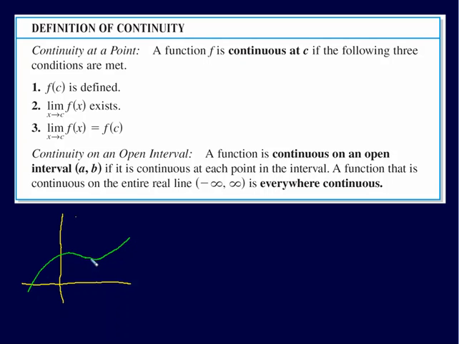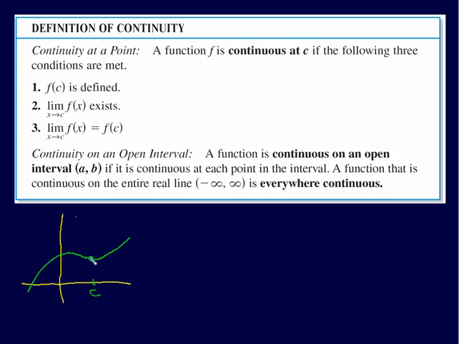But let's in particular focus on individual points like this one right here, and I'm going to mark this x-axis as the number c. So let's see what it really means for this function to be continuous exactly at this point. What that would mean is, as I draw the graph and pass through that x value, why is it that I can actually do that?